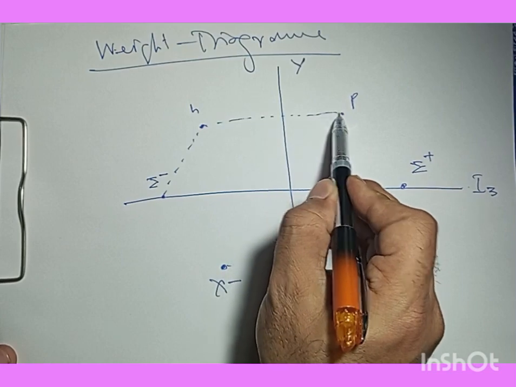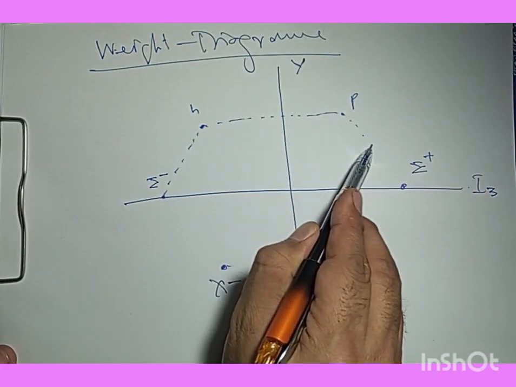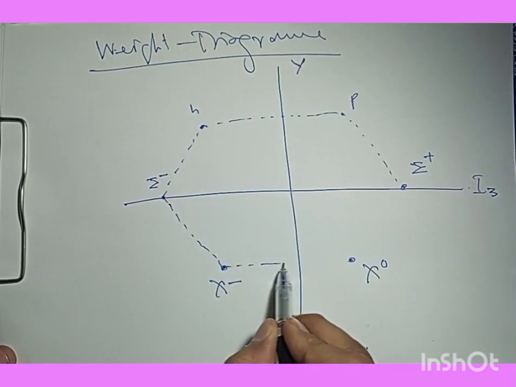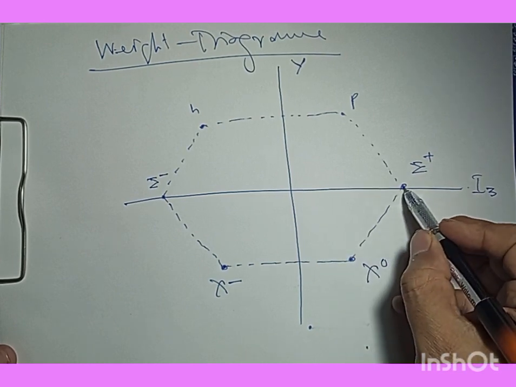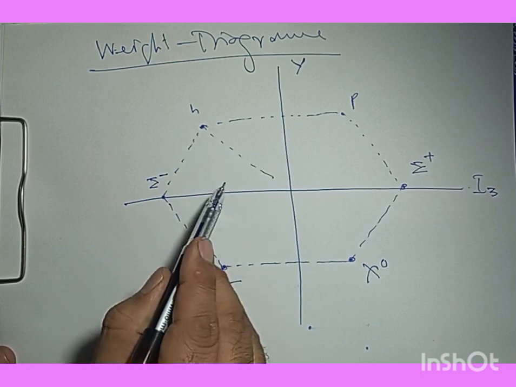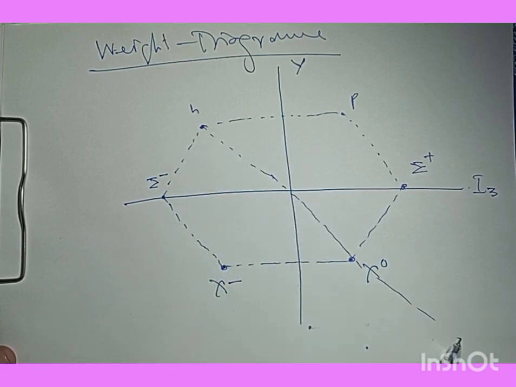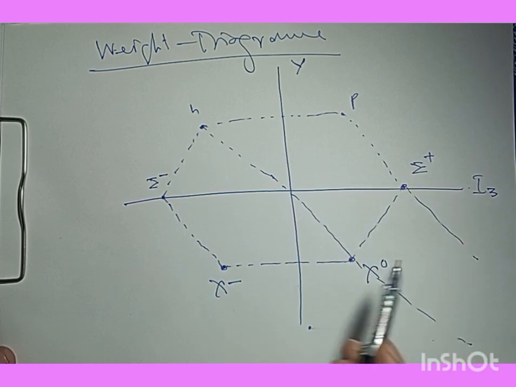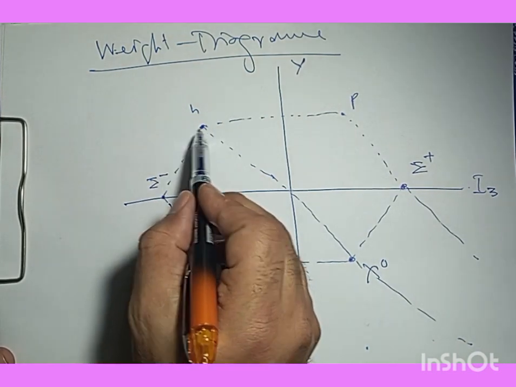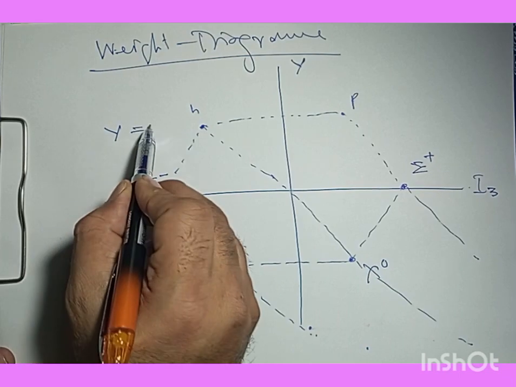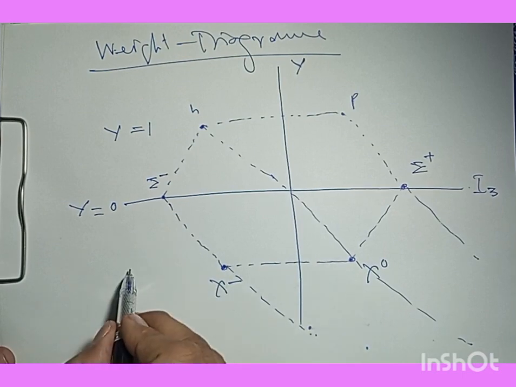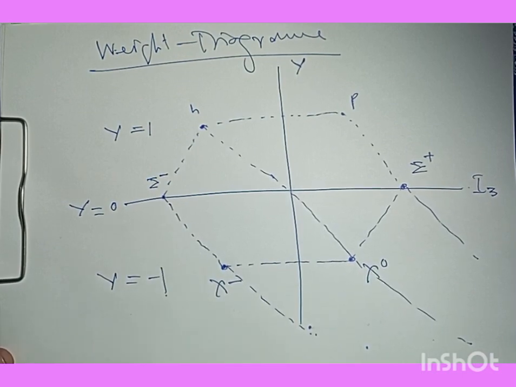These are the particles, and we have a hexagon in action. Now I take a dotted line from here to here, and extend this here and here. So this is hypercharge equal to 1, this is hypercharge equal to 0, and this is hypercharge equal to minus 1.